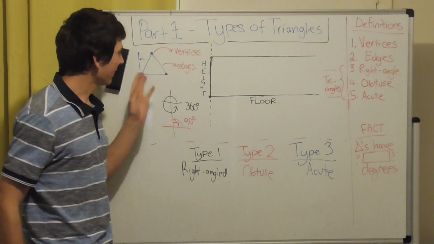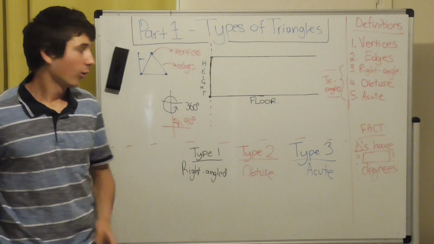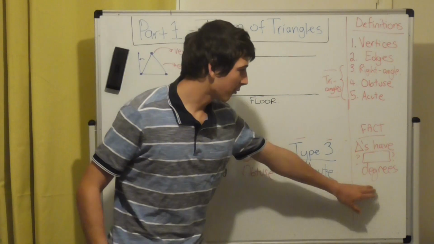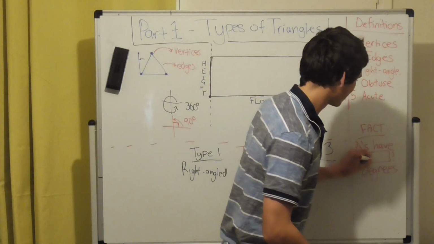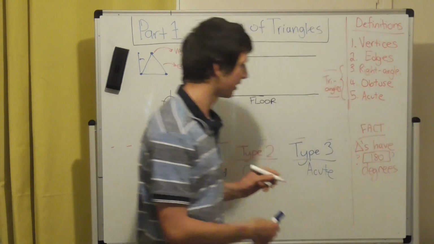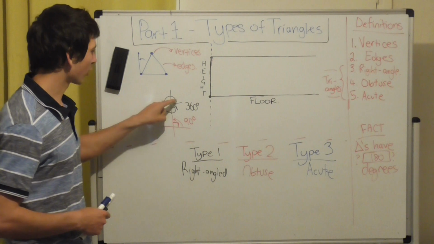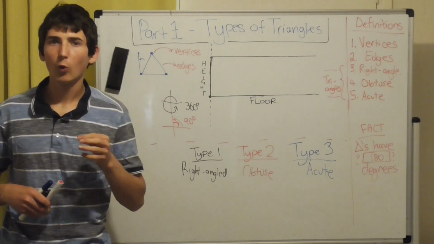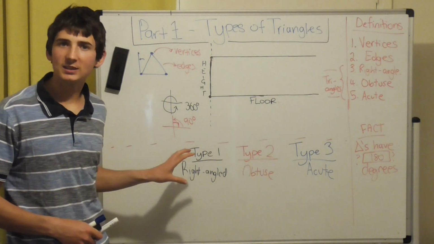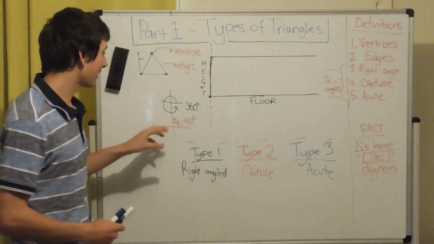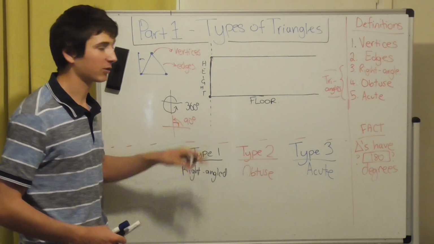Now, in a triangle, there are how many degrees? There are 180 degrees. Now, I'm going to do a video on why that is, but all you need to know is, if you go all the way around a circle, we've named that 360 degrees. And there is a reason that we've named it 360.